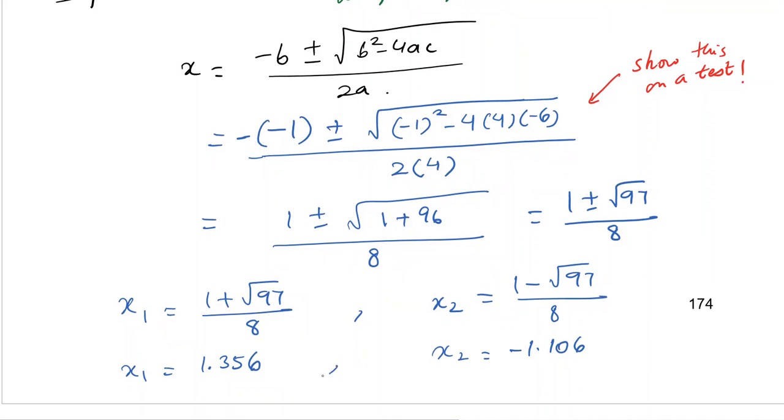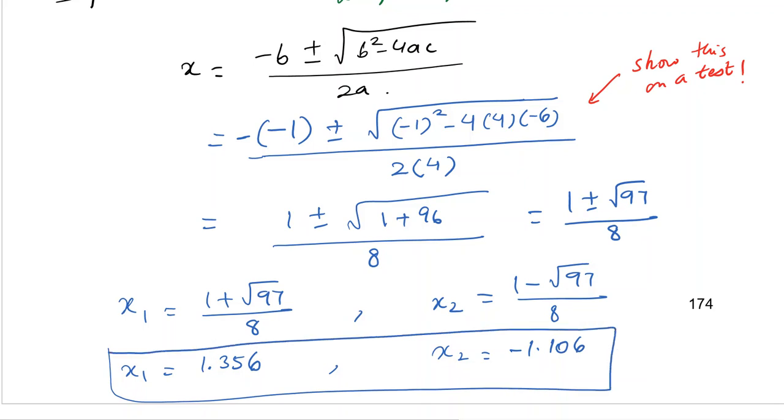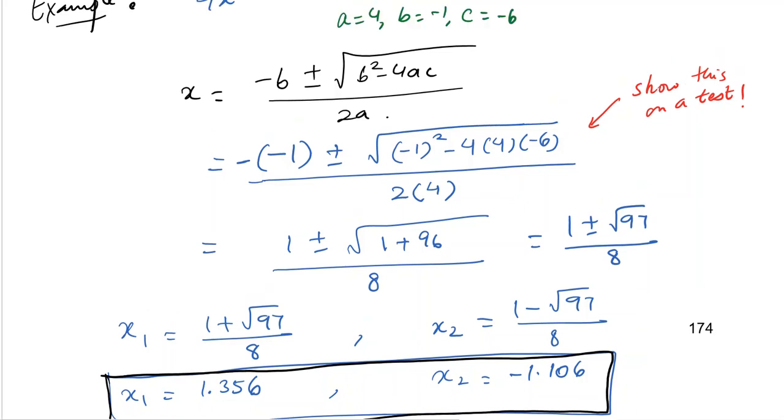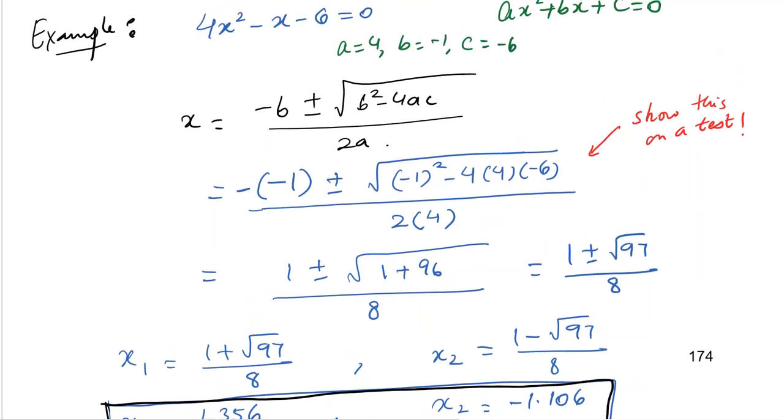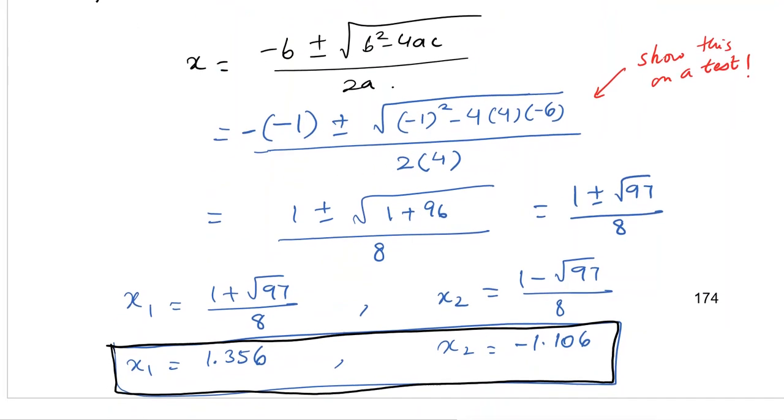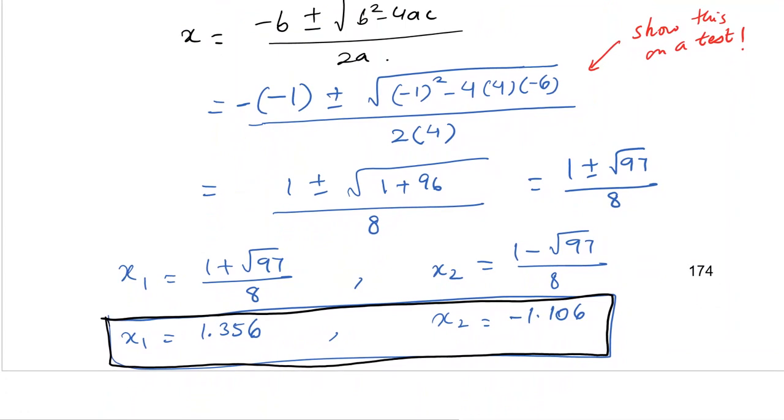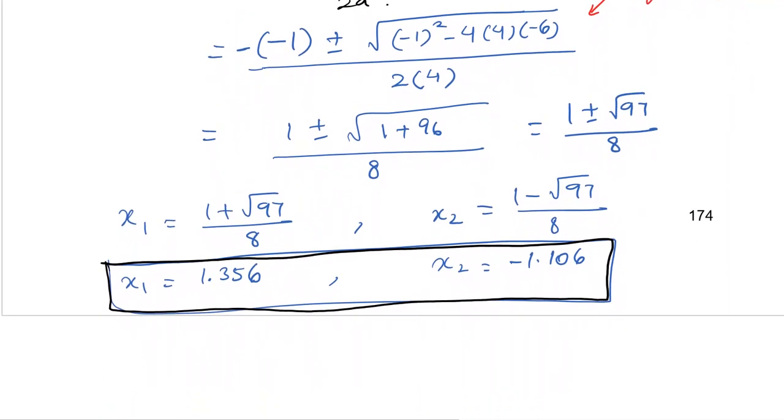So these are the two solutions of the given quadratic equation. Just a recap, in order to use the quadratic formula, you look for the values of a, b, c and you plug the values into the formula. And you can always use your Sharp calculator, if you have one, to verify your solution of quadratic equations.